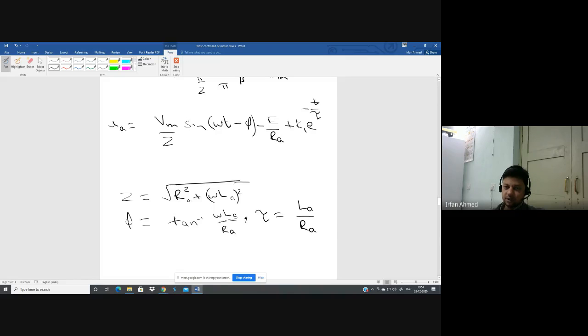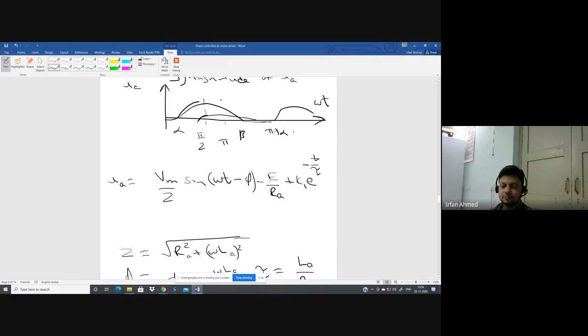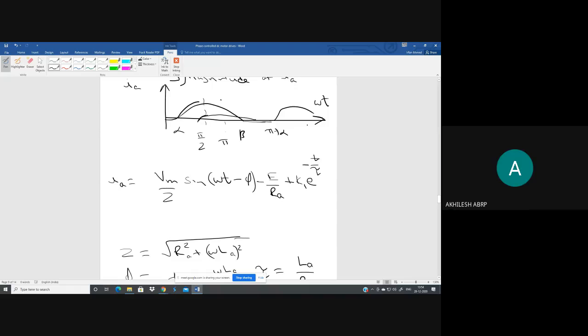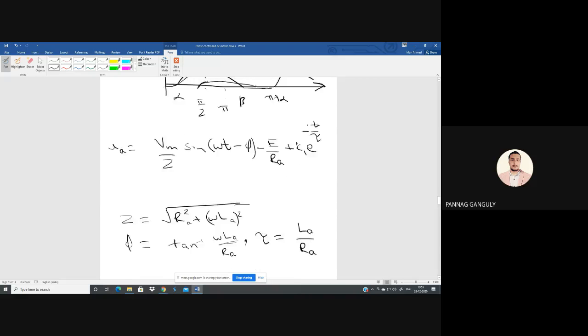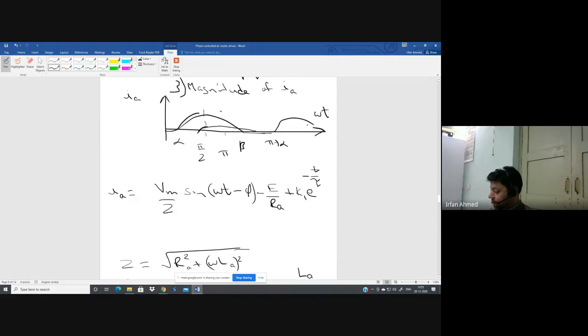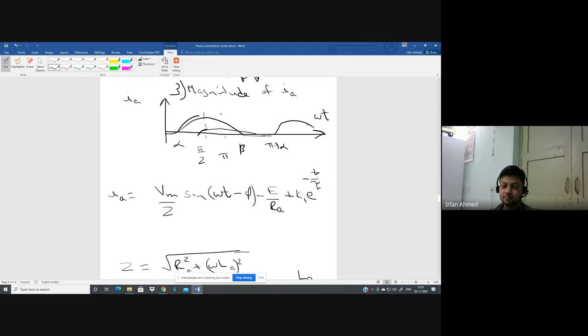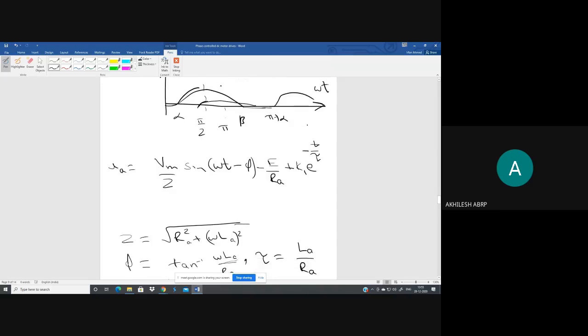How to find the value of K1? Using initial condition. Yes, initial condition. T equal to 0?